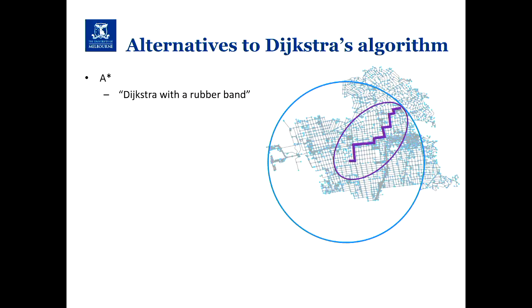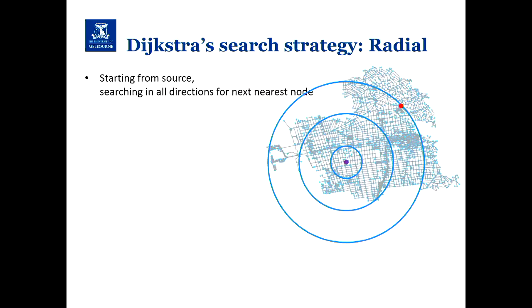Yeah. So the vector between those 2 points as the crow flies will then determine the direction. So this is called the rubber band heuristic, if I just consider the points that are within the direction. So the radial representation is just because Dijkstra's algorithm doesn't have a particular directional bias?